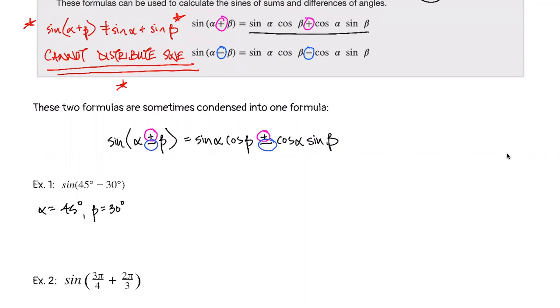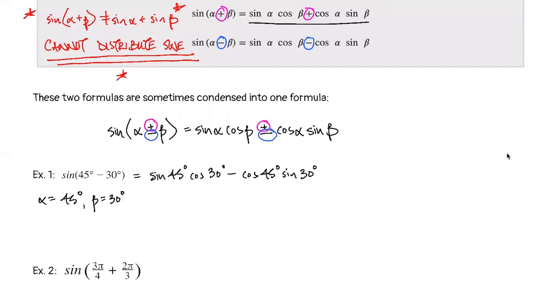Yes, okay. And so all we're going to do then is pick the equation that has the minus, and plug in 45 everywhere we see an alpha and 30 everywhere we see a beta. So that's going to give us sine of 45 cosine of 30 minus cosine of 45 sine of 30. So all we've done is just plug in the numbers into our equation.